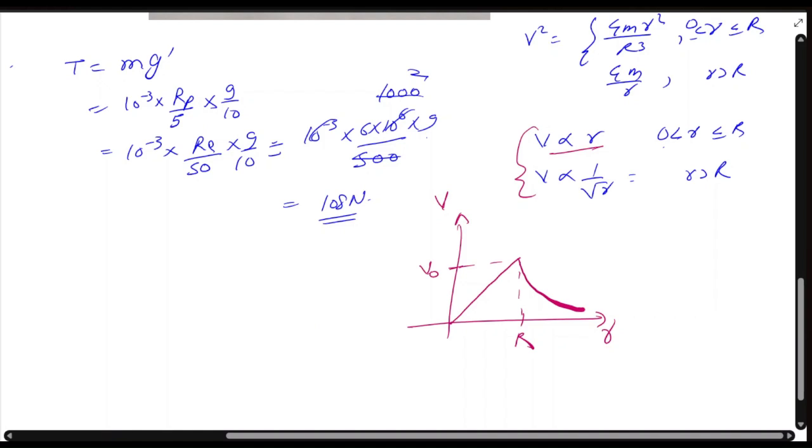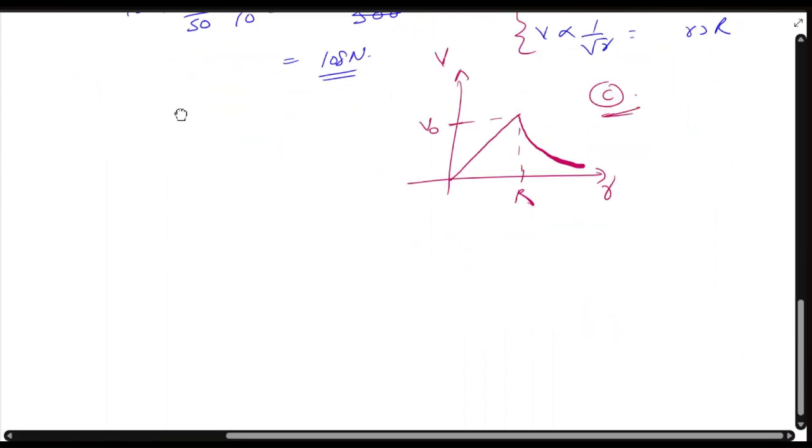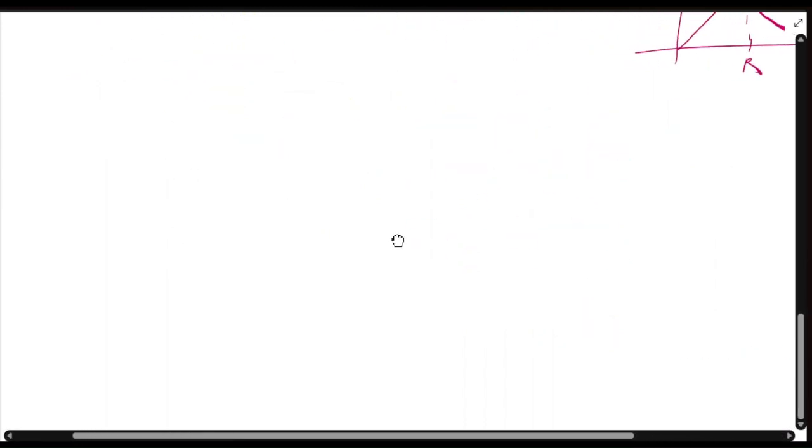So there was an option called C. C was the option. Now let's move on to our fourth question.